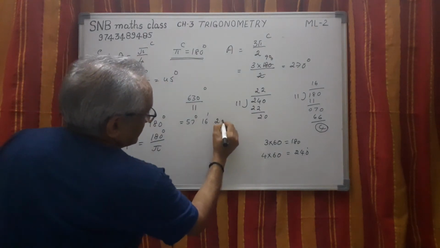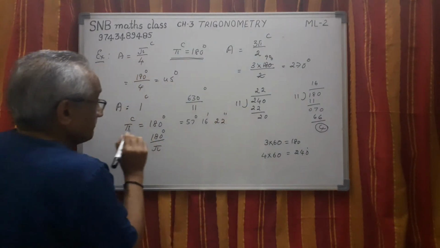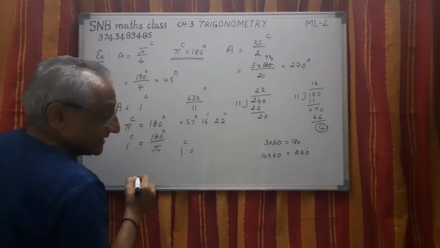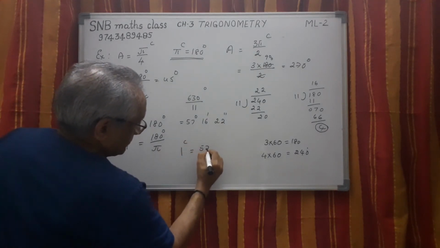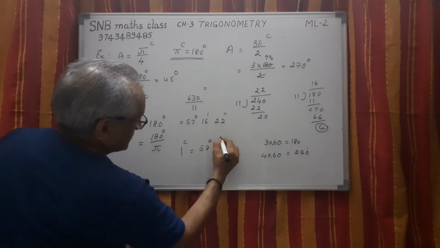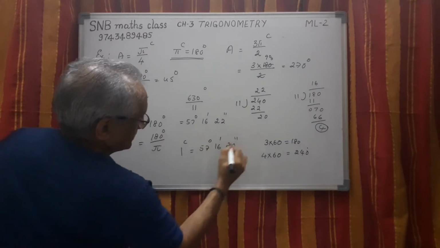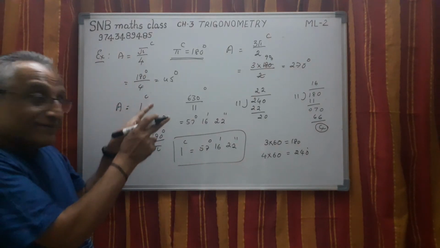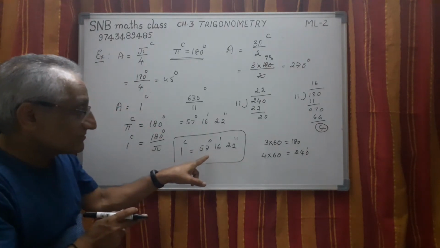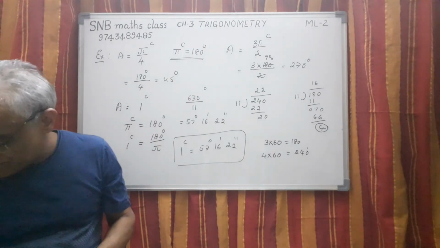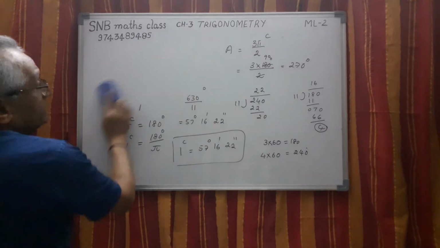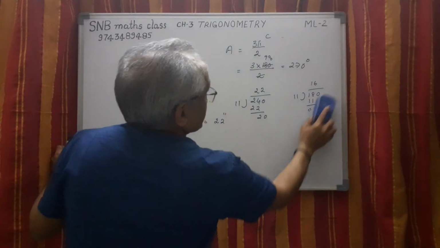So I can say 22 seconds. Therefore this is the relation: 1 radian is approximately equal to 57 degree 16 minutes 22 seconds. In the beginning when I showed you the angle measured in terms of degree, this you can remember as a relation. So this is how we can convert a given radian measure into degree measure and degree measure into radian measure.